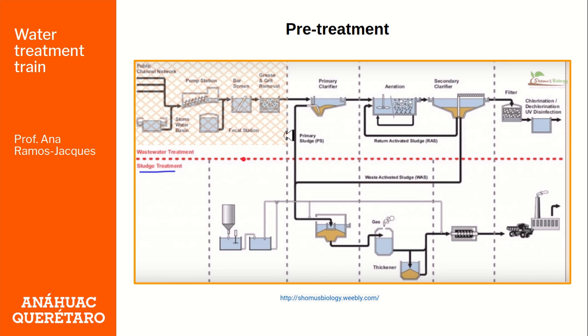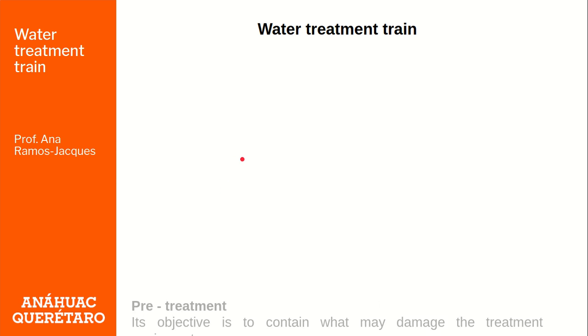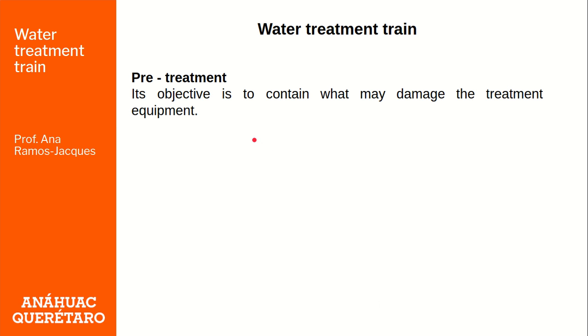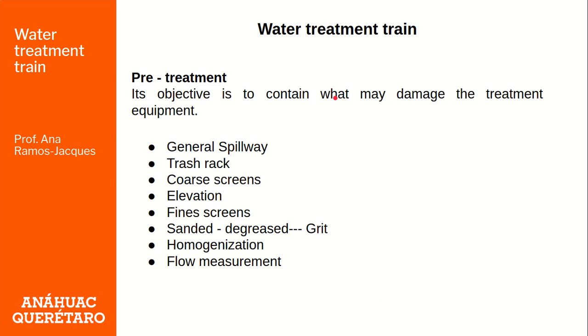Then we are going to talk about the next stages, but in the pre-treatment, the objective is to contain what might damage the treatment equipment. So we have the general spillway, trash racks, and screens for those very large solids, called coarse solids, and then for the fines.